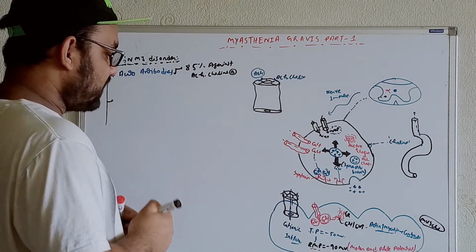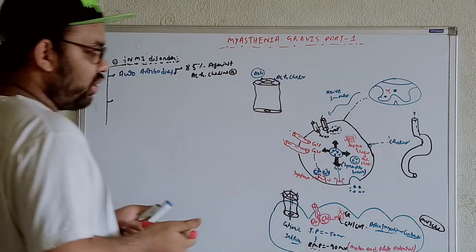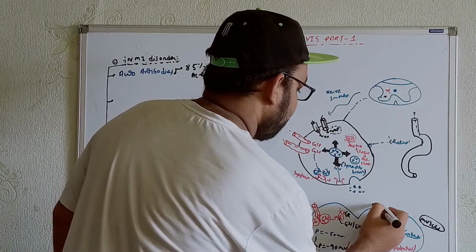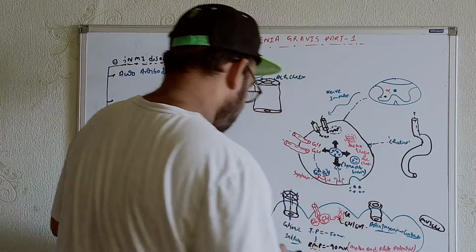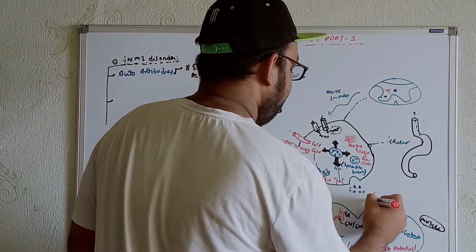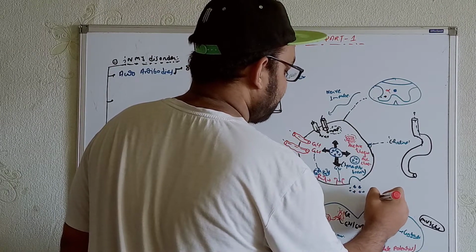Now try to understand, whenever we get autoantibodies against the acetylcholine receptors, the antibody comes over here. I'll talk about these things later, but I'm just saying very briefly.